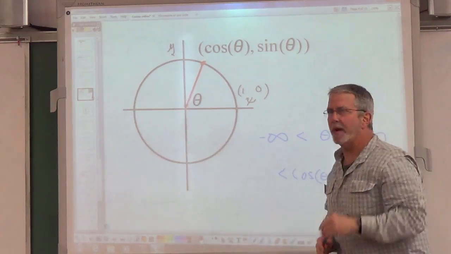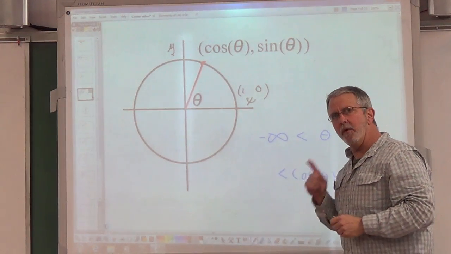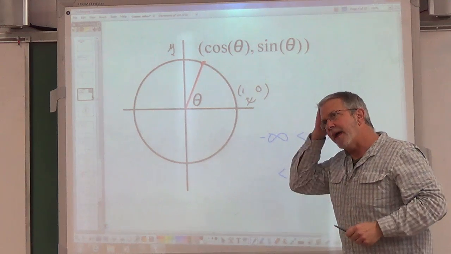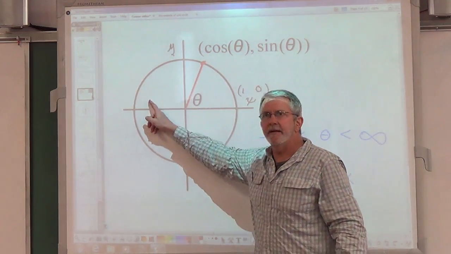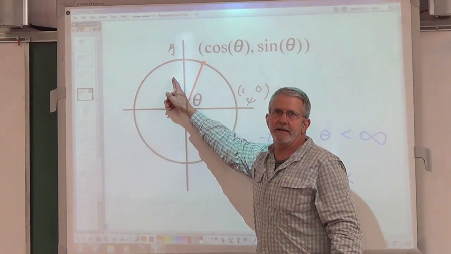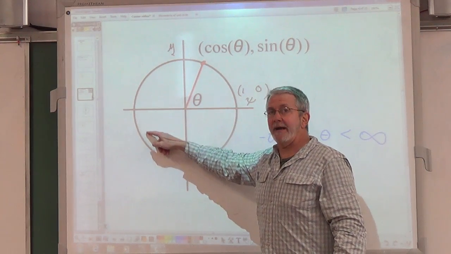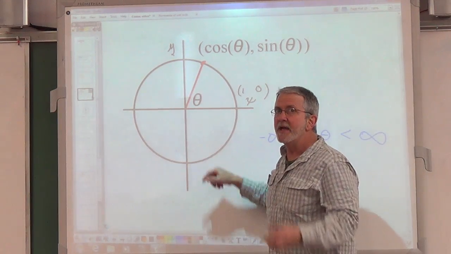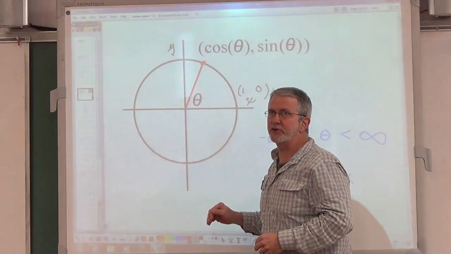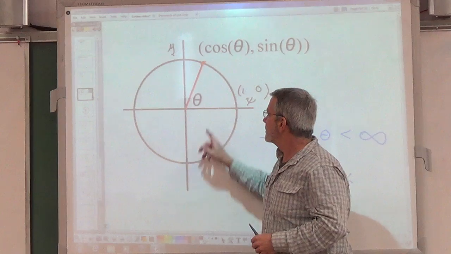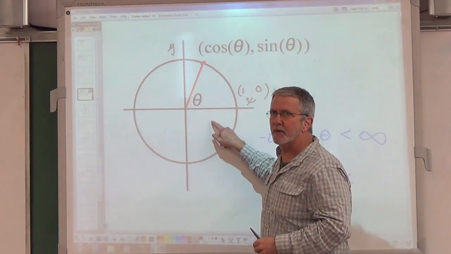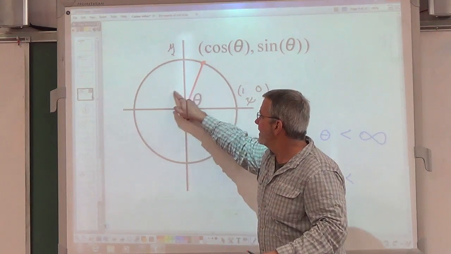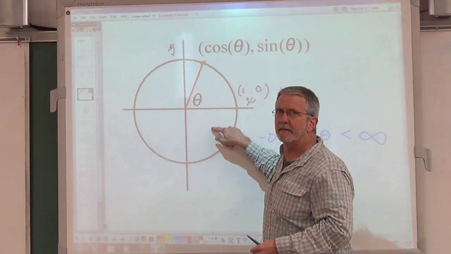And then at that point, we started looking at radian angle measure. And we started thinking, oh yeah, theta can be greater than 90. In fact, what we discovered, because of our definition of a radian, is that these angle measures can go on and on.